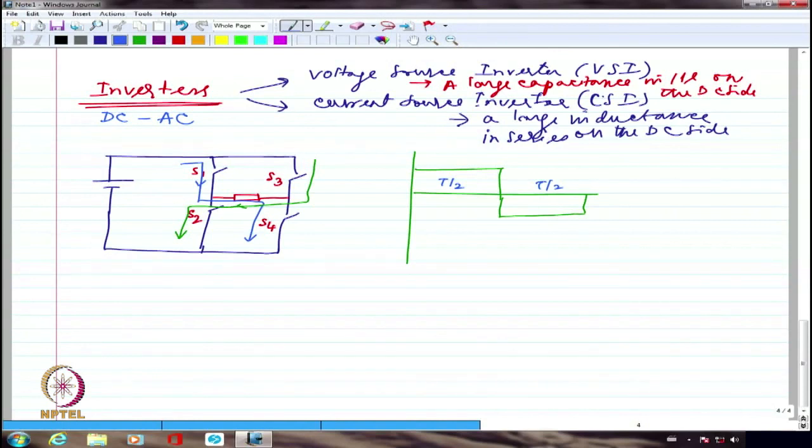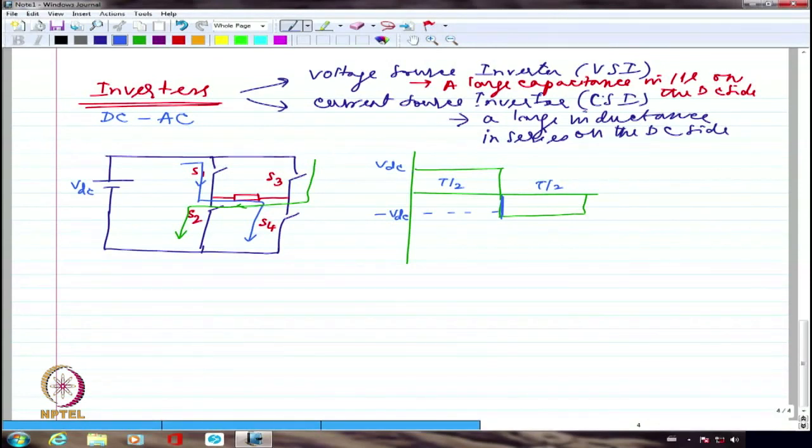I can't really have this on immediately. Maybe I'll have to delay it slightly. Right? This voltage will be, if I say VDC, plus VDC and this will be minus VDC. Right? So if I look at the RMS value, it will correspond to VDC itself. The RMS value will be VDC.